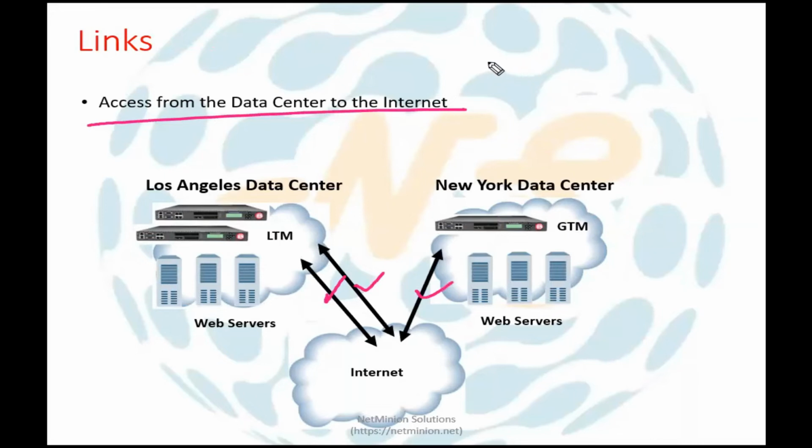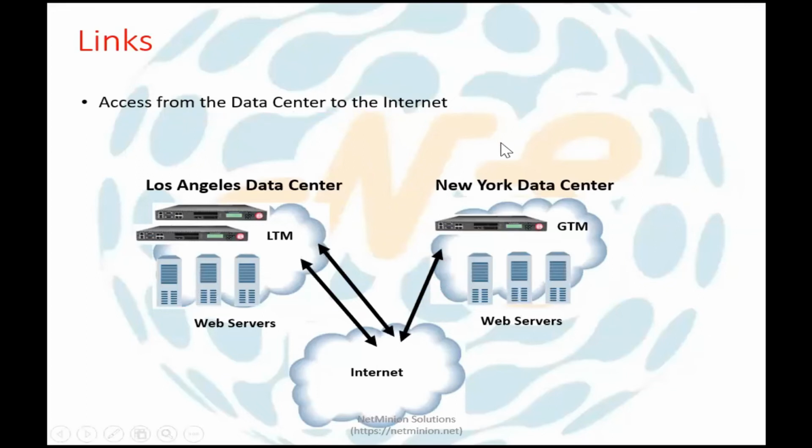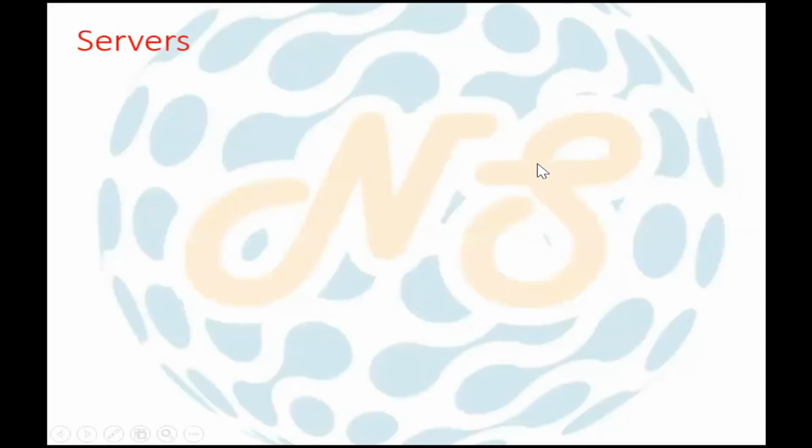Ensure that at least one data center exists in your configuration. Simply go to DNS and GSLB and you can find it there. We will do all this configuration later on.